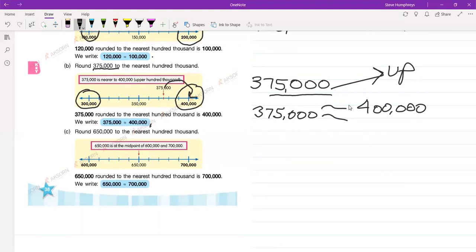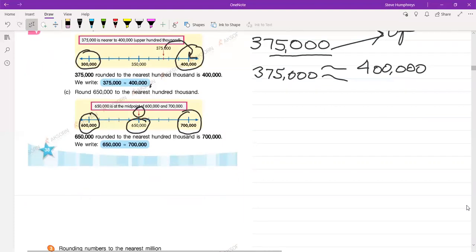And C, round 650,000 to the nearest 100,000. It's at the midpoint, right there. That's your number, 650,000. Okay? Lower 100,000, 600,000. Upper 100,000, 700,000.